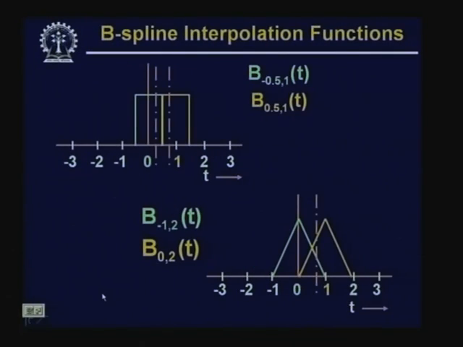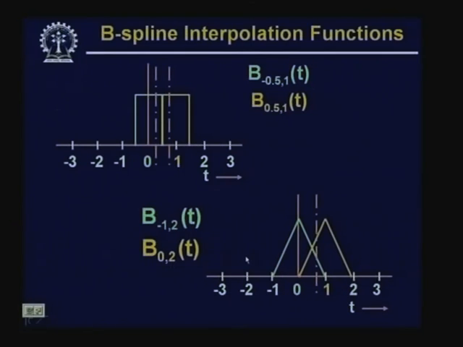So, this shows the situation when we have shifted this b I 1 by a value 0.5. So, here you find now that b I 1 is constant from minus 0.5 to plus 0.5. Similarly, from 0.5 to 1.5, it will be from 1.5 to 2.5 and so on.